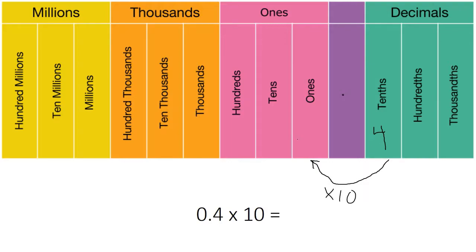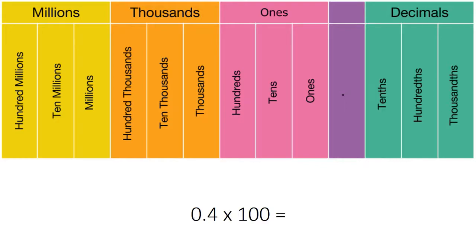So let's move that 4 up one place and put it in the ones instead. And now my answer is 4. All we did is move our digit up one place in the place value chart, and that's the same as multiplying by 10. Let's look at a similar example.